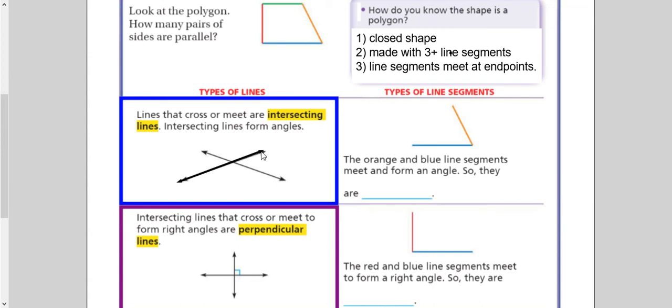We had a line here and one right here, and they intersect right here in this middle area. And so when we have lines that are part of a polygon, the orange and blue line segments, they meet and form an angle. All right, so they are, you guessed it, intersecting.